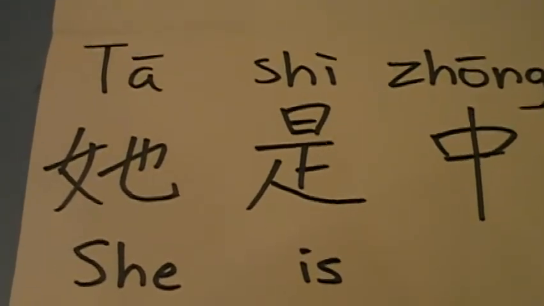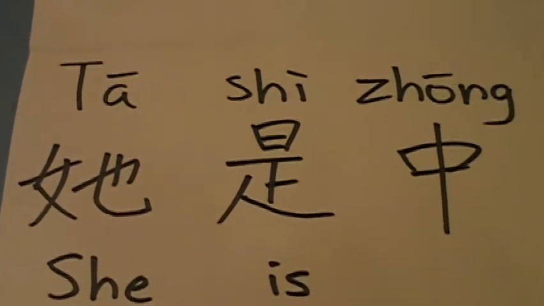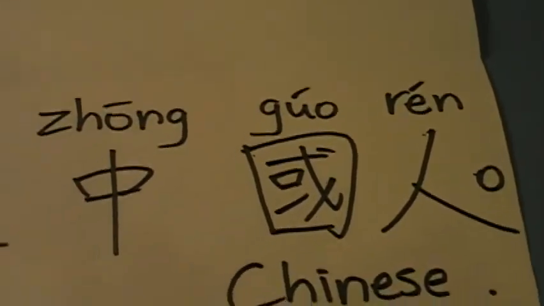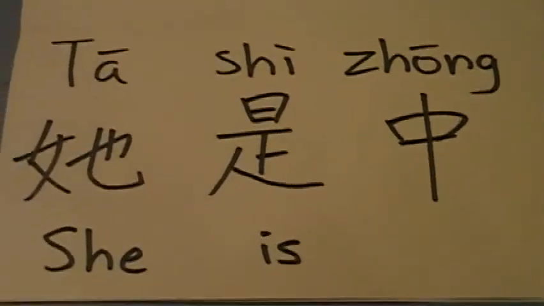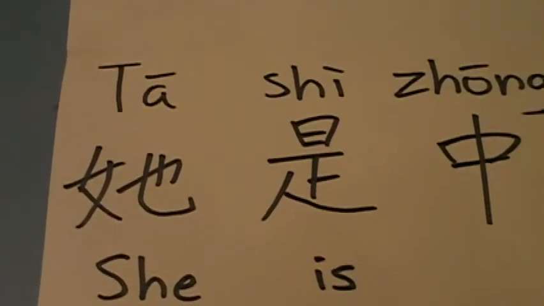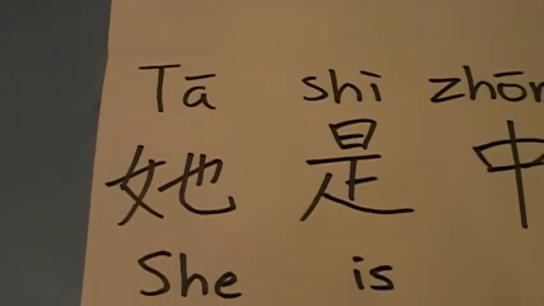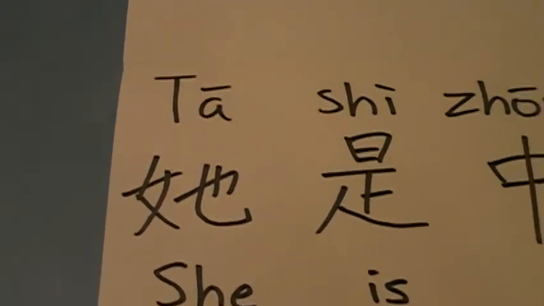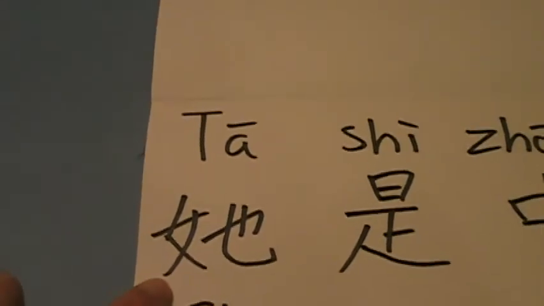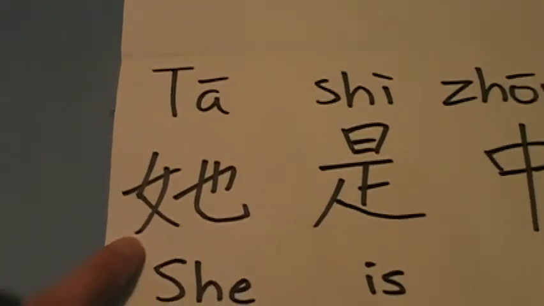And here we have 她是中国人. To break the sentence down, we have 她是, which is a pronoun we have learned earlier. Unlike the he pronoun, it has a female or girl character at its left side.